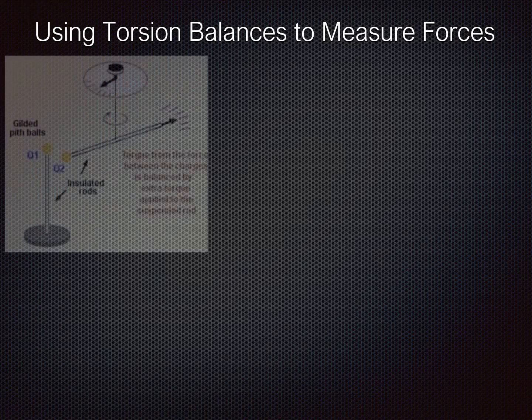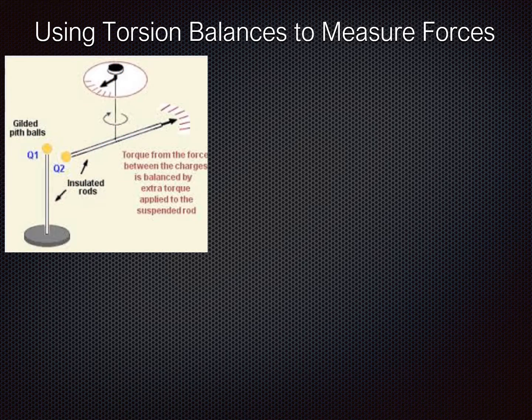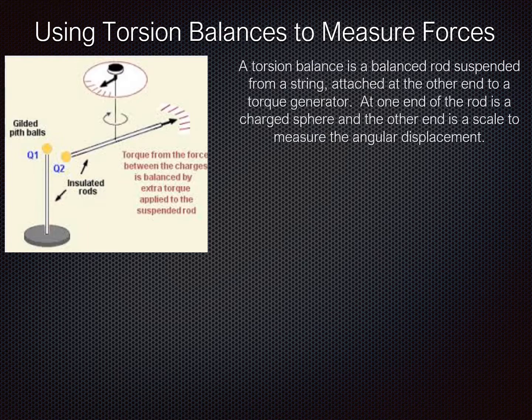Okay, so here is a nice illustration of what a torsion balance looks like. You can see that we've got these gilded pith balls that are right here. Pith is a material that you find in plants, such as inside the rind of an orange or other citrus fruit. You know, that white spongy material right underneath the rind?